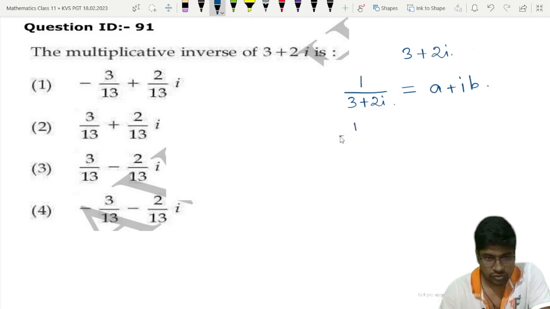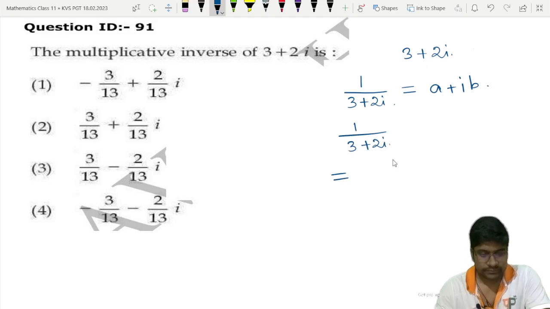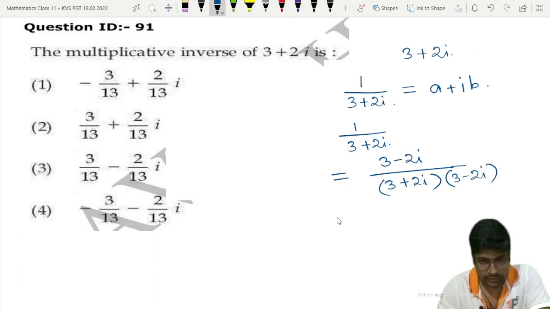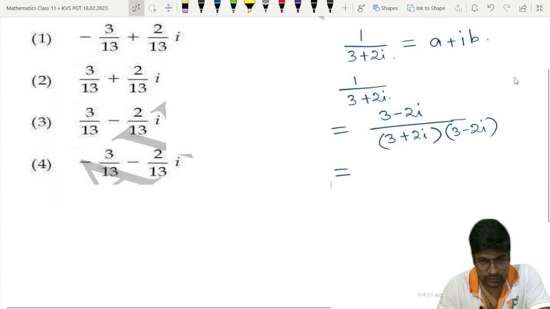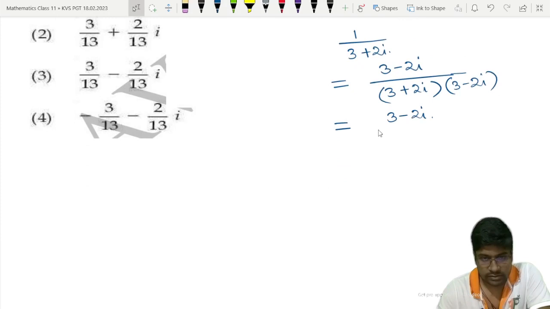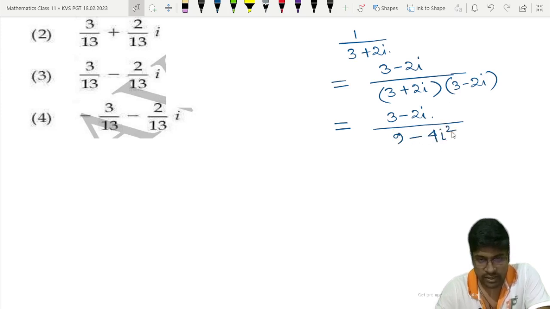So what we will do here: for 1 divided by 3 plus 2i, in the numerator and denominator we will multiply by 3 minus 2i. Then we will simplify. In the numerator 3 minus 2i I will keep as it is, and in the denominator a plus b into a minus b, so a square minus b square: 9 minus 4i square.